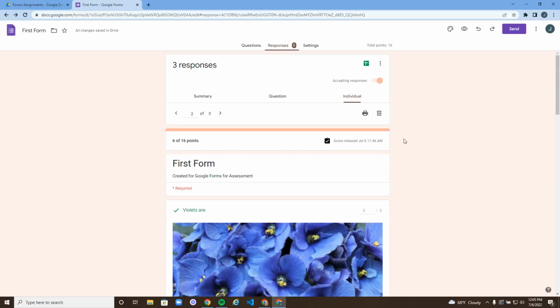But in addition to that, you also have the option of creating a spreadsheet with this information.